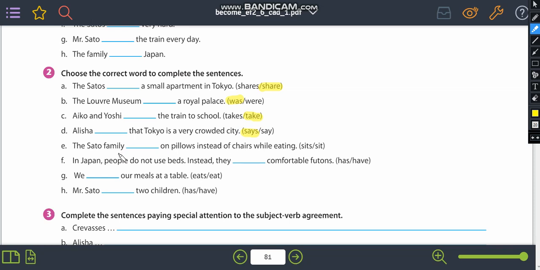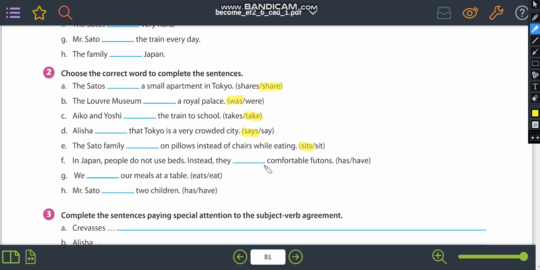The Sato family, on pillows instead of chairs while eating. The Sato family, it's in the singular form, right? The Sato family sits on pillows instead of chairs while eating. In Japan, people do not use beds.